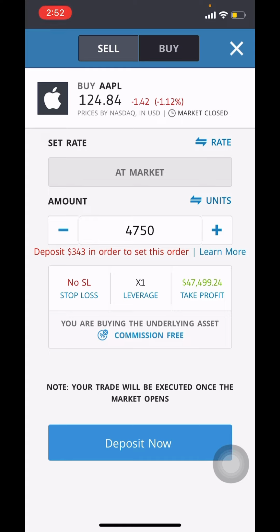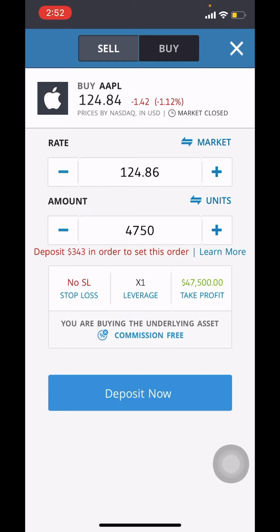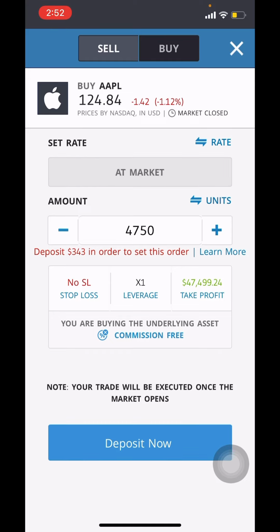So when you place an order in eToro, you can set the rate at market price, it says here, or you can click this rate here and it gives you the rate. So what's the difference between the two? At market price means that when the market opens, here in the UAE it's 3 o'clock, so it opens 5:30.